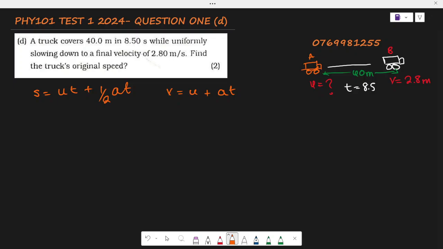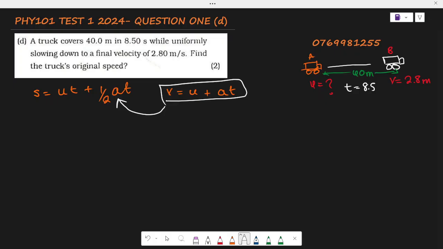Okay, these are the two formulas we're going to employ. Another thing that we'll notice is that we haven't been given the acceleration. So what I'm going to do is we're going to manipulate this formula to make the acceleration subject of the formula and then replace it here.